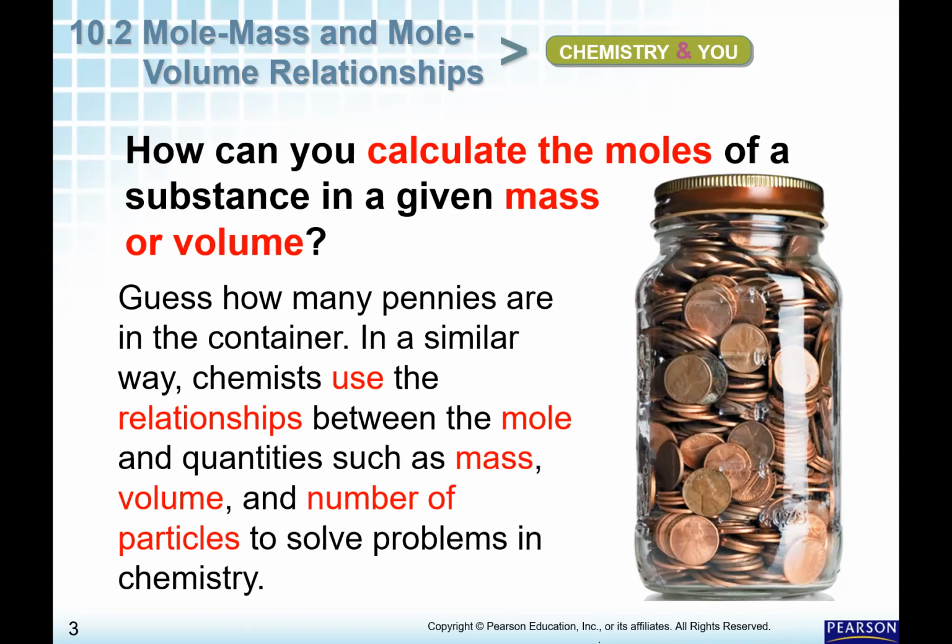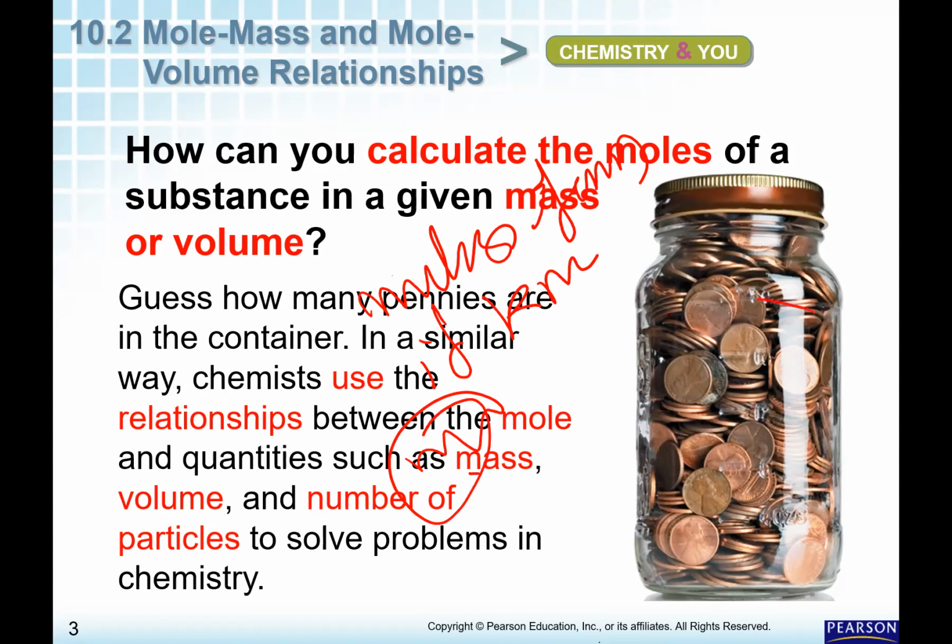So if we copy this in what we are doing, then I can calculate the moles of any substance if I know two things. I need to know the molar mass, which in this case is equivalent to the mass of the whole jar, and the mass that I have, which is the mass of one penny.